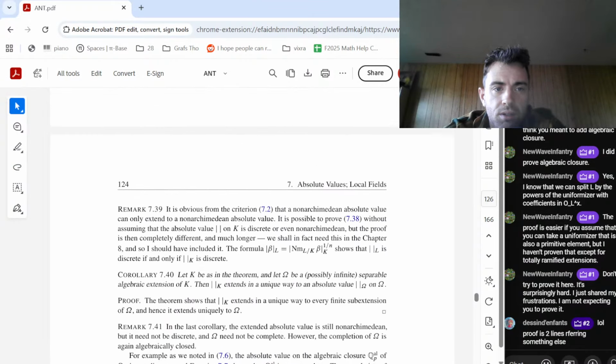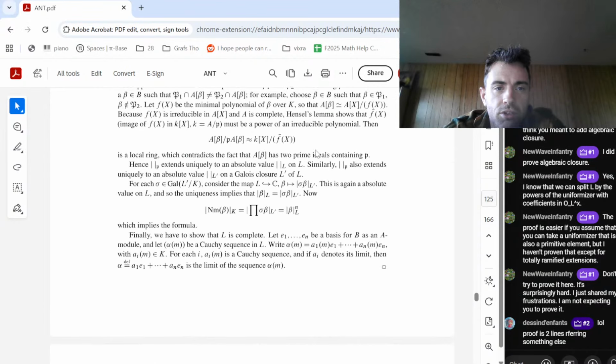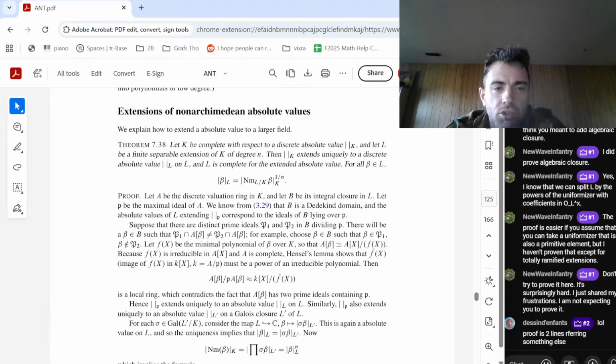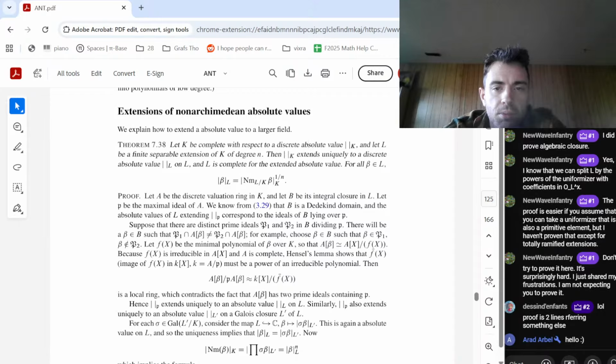And let's see, this is a corollary to the extension. If K is complete, L is a finite separable extension, then this extends uniquely to a discrete absolute value.